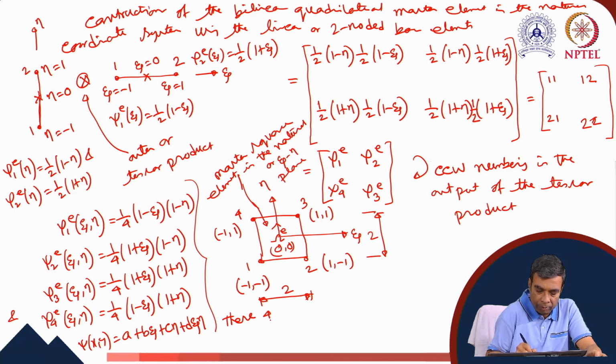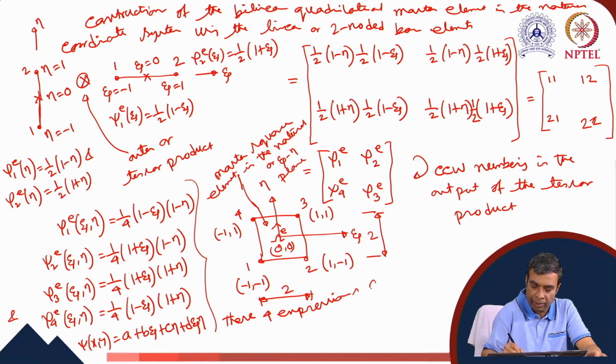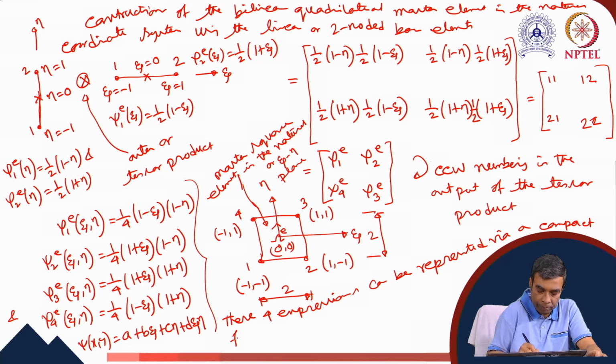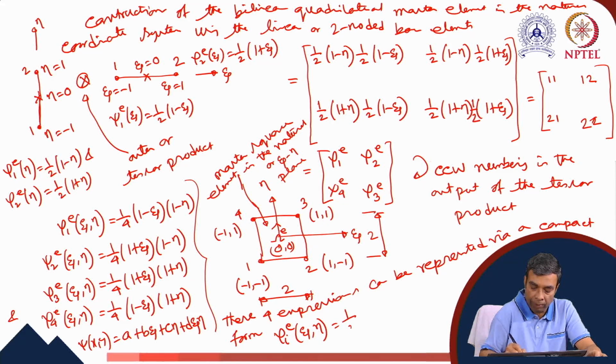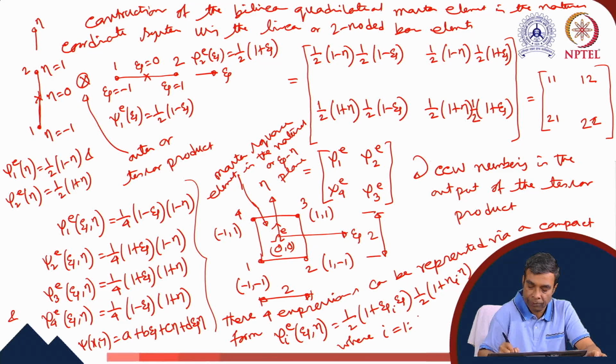These four expressions can be represented via a compact form: psi i e of xi eta equals to half of 1 plus xi i xi into half of 1 plus eta i eta, where i varies from 1 to 4.